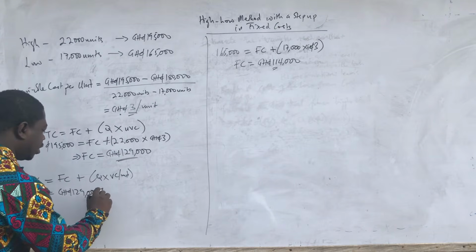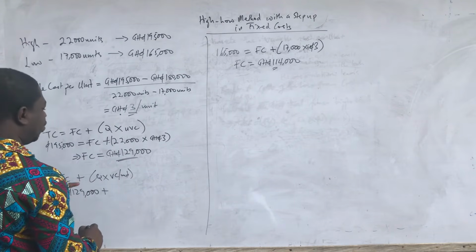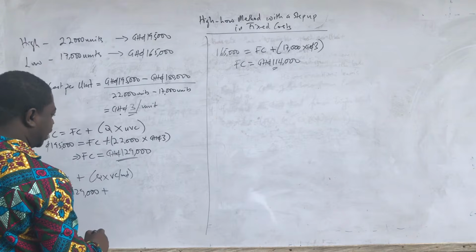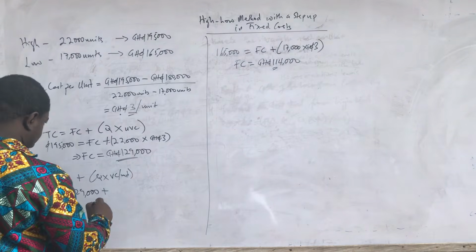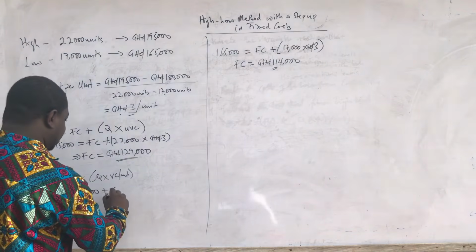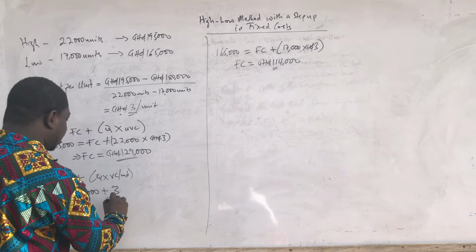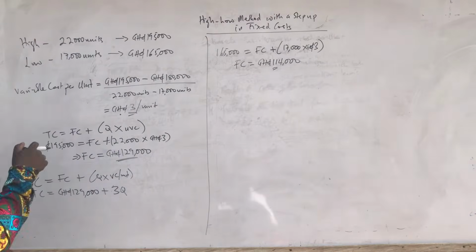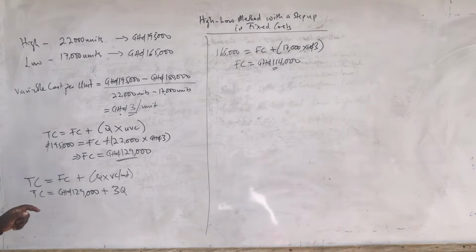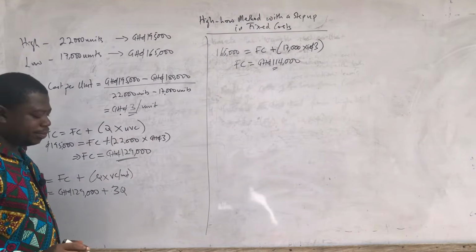So 129,000 plus, we will not put any quantity there. That is what we will be using. And so the variable cost per unit is 3 cedis. And so it will be 129,000 plus 3Q. And this will be the total cost function for the highest activity level.